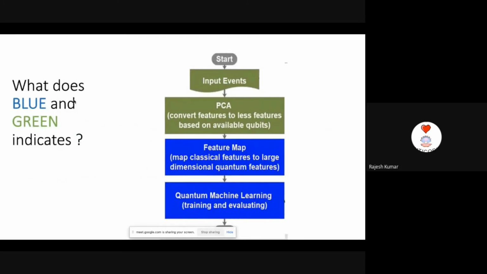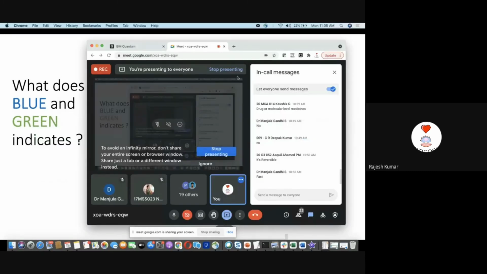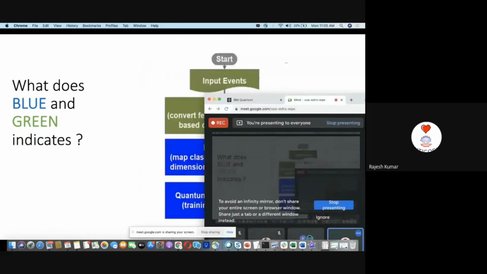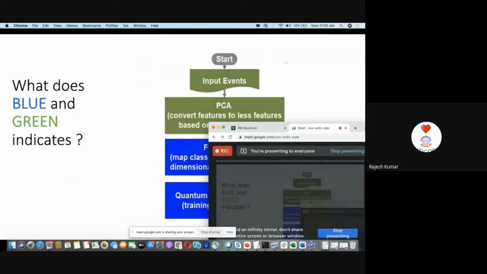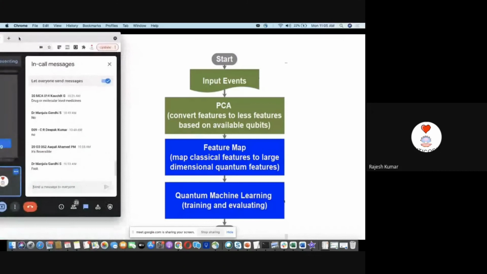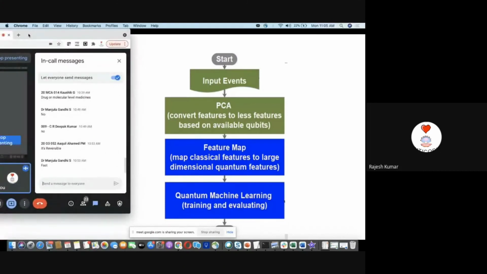Okay, what does this blue and green indicate here? What does this blue indicate? Let me know.